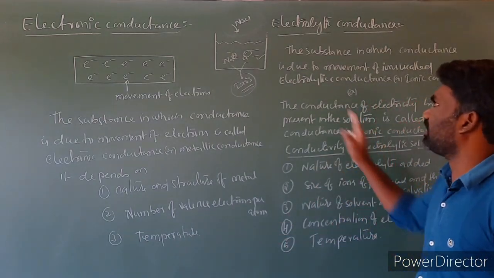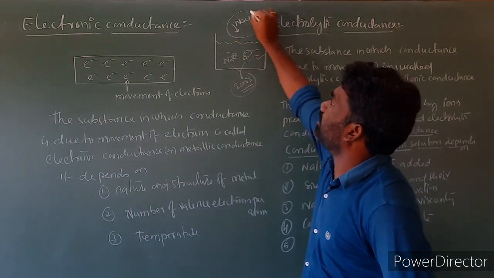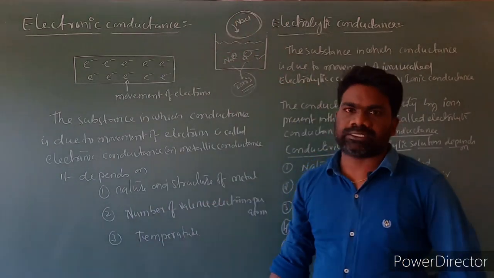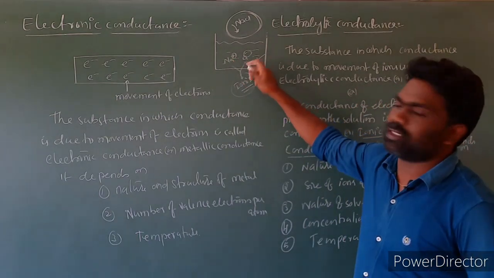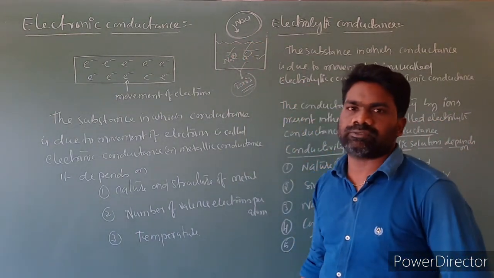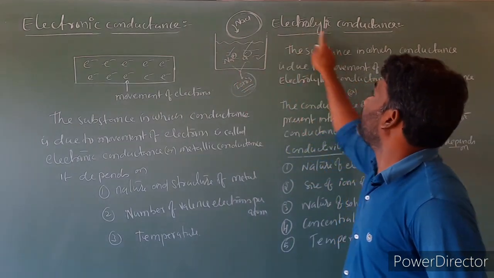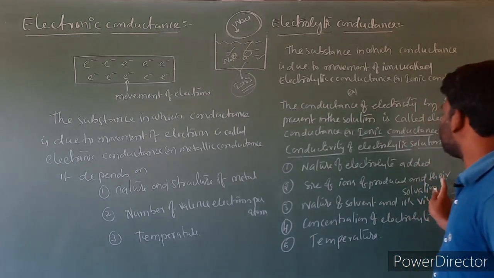The conductivity of this electrolytic solution depends upon the nature of the electrolyte added. What electrolyte is added will decide the conductivity of this solution. And one more thing is the size of the ion produced. The size of ions will also influence the conductivity of this electrolytic or ionic solution, and their solvation.